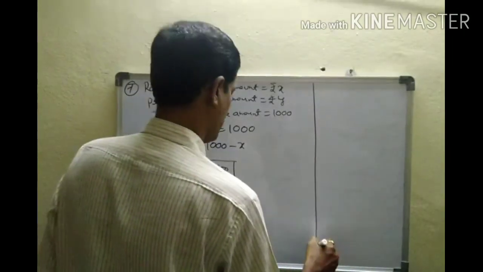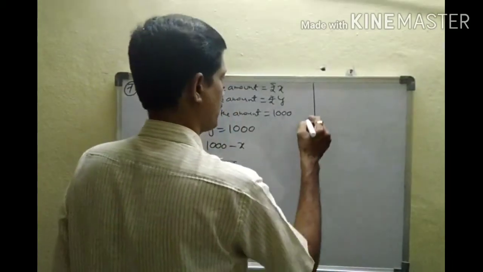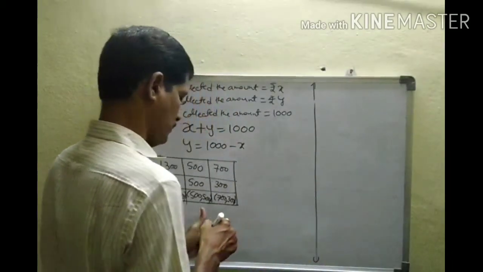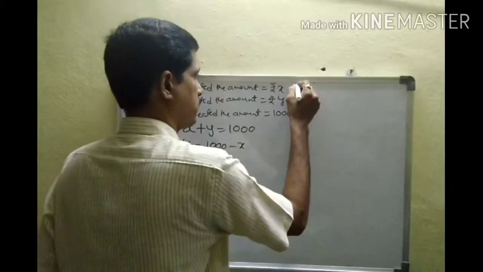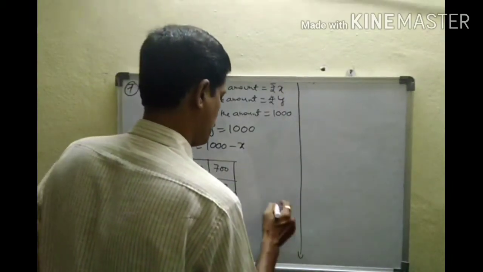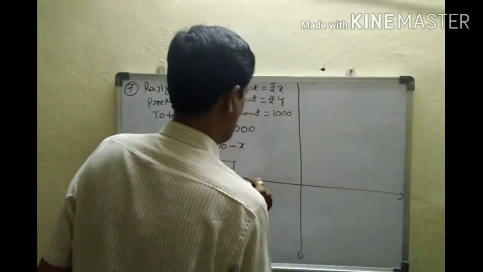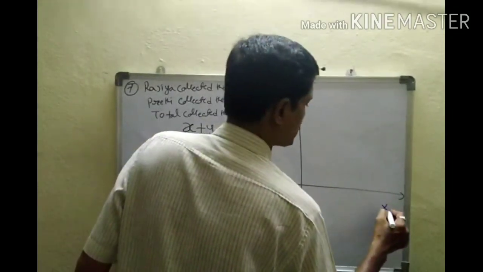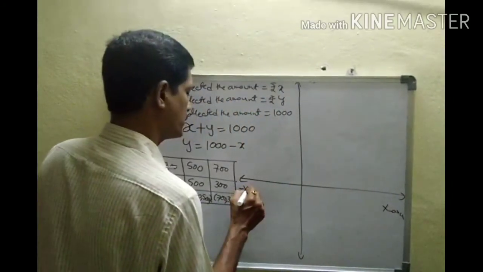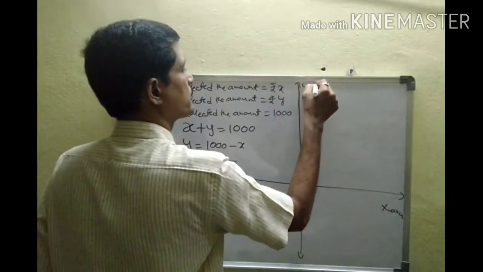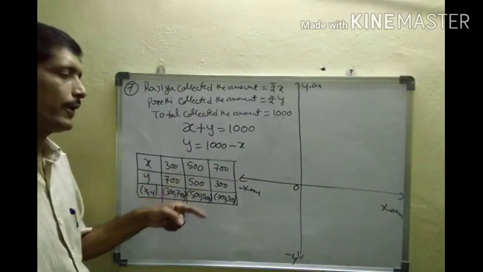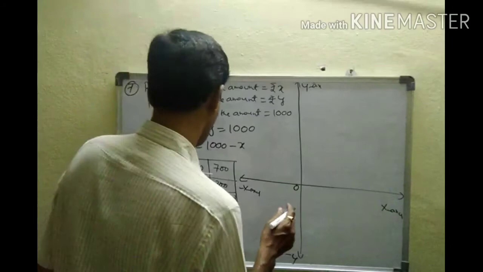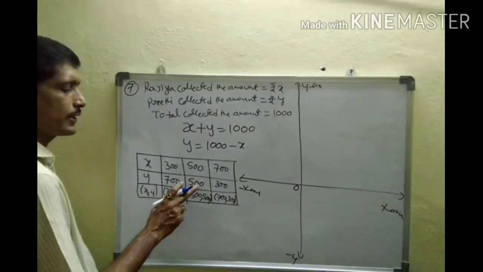Next, here draw the graph. Yeah, this is x-axis, negative x-axis, y-axis, here negative y, here 0. Next, here multiples of 100 are there.